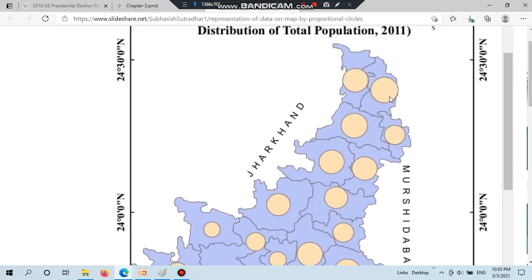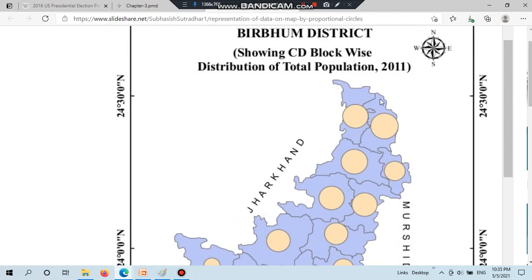But this population density is not uniformly distributed throughout the block boundary, throughout the whole block. That's why it provides concentrated information. So it's very difficult to depict and show population data within the administrative or political boundary.